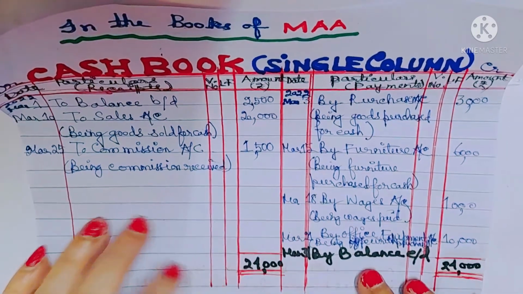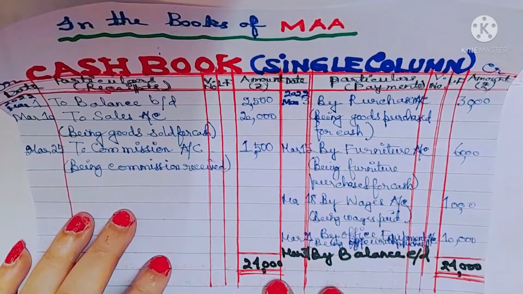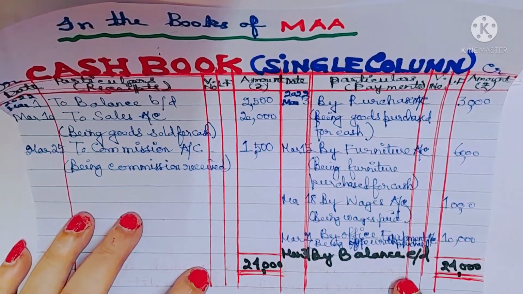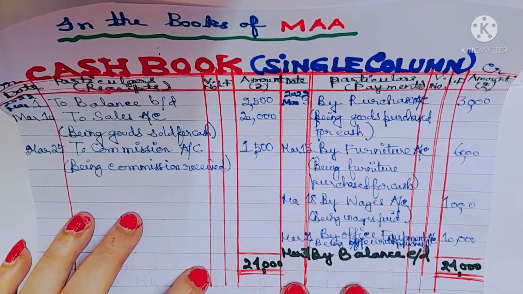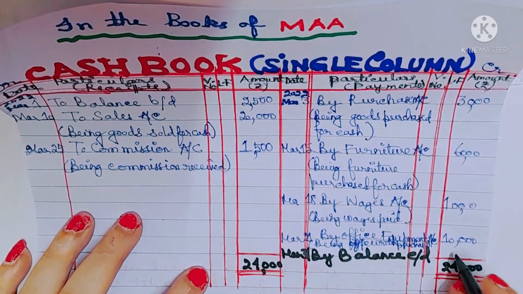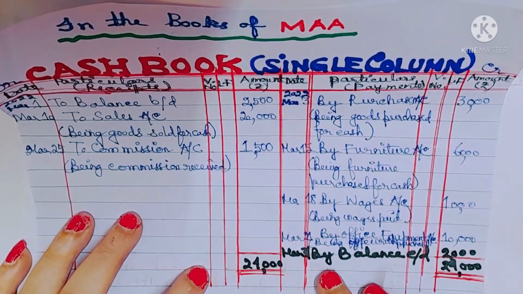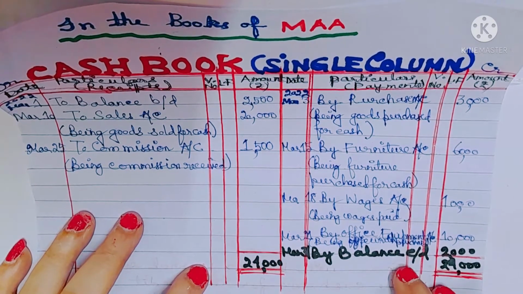So if you deduct the total of credit column from the total of debit column, you'll get the balancing figure. So what is the total of credit column? The total of credit column is 22,000 and the total of debit column is 24,000. If you deduct 22,000 from 24,000, you'll get 2,000. So 2,000 is the closing cash or by balance CD. This is the closing cash of the business.